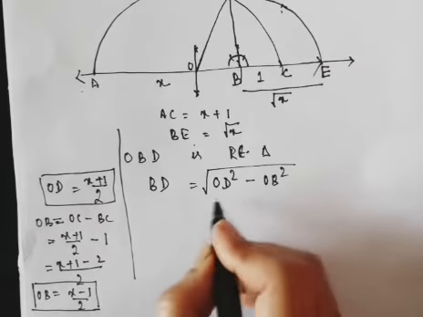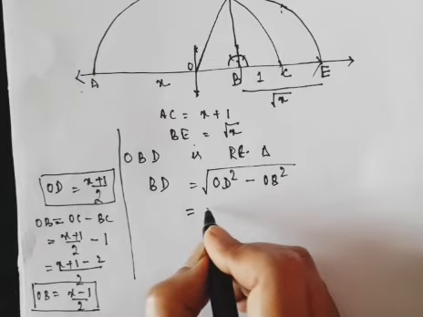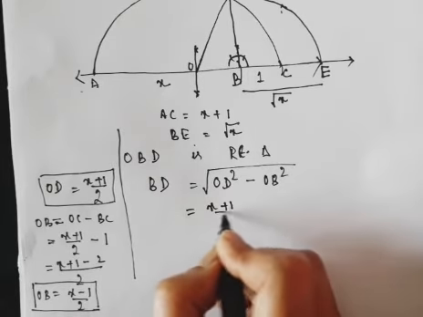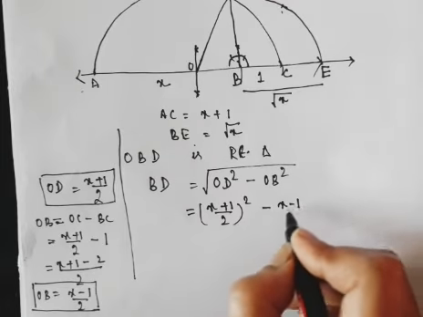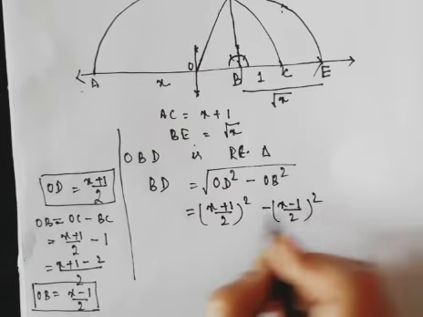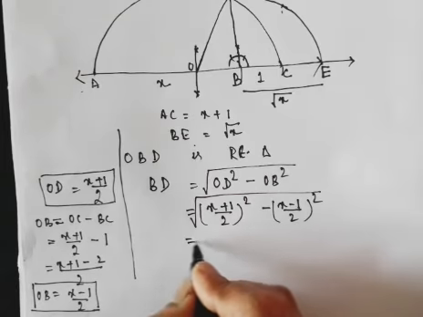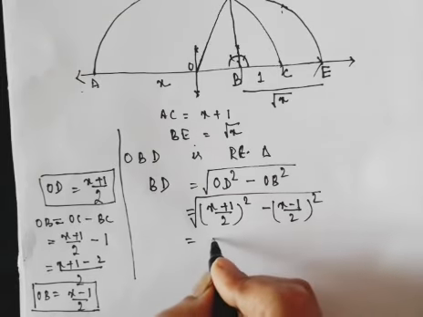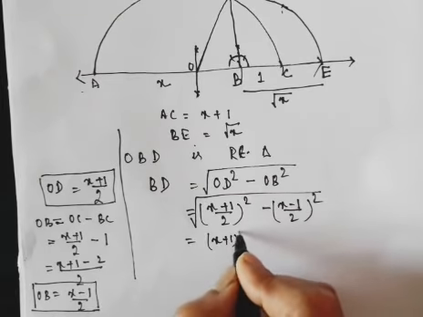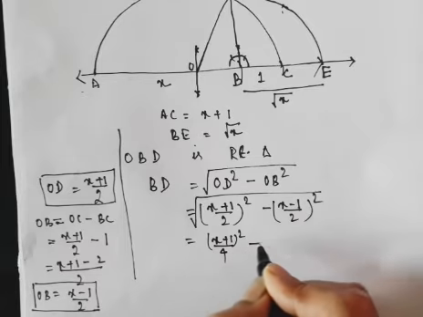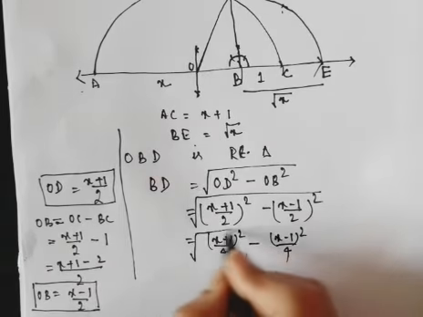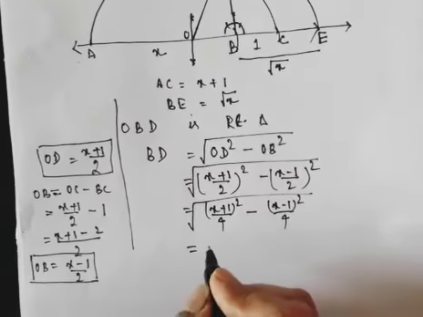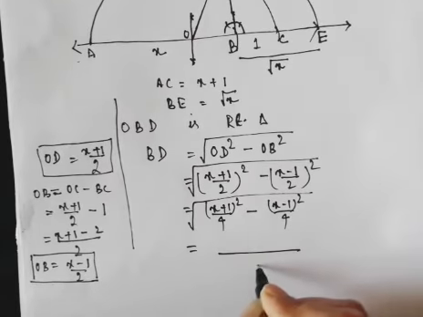Now let us put it here. BD is equal to root over of ((x plus 1) by 2) whole square minus ((x minus 1) by 2) whole square. The numerator is (x plus 1) whole square by 4 minus (x minus 1) whole square by 4, root over of that, the LCM is 4.